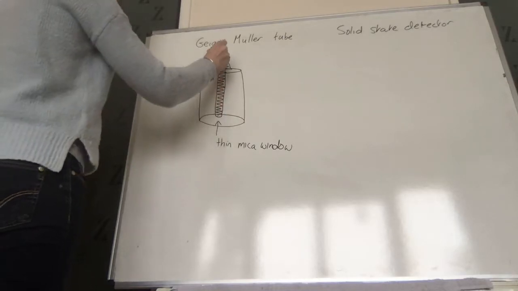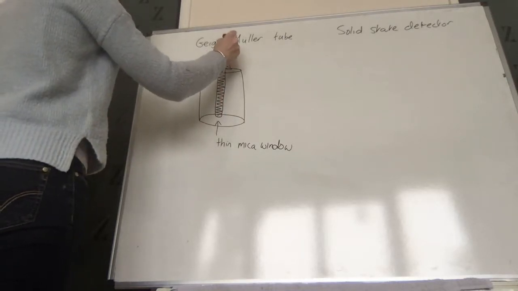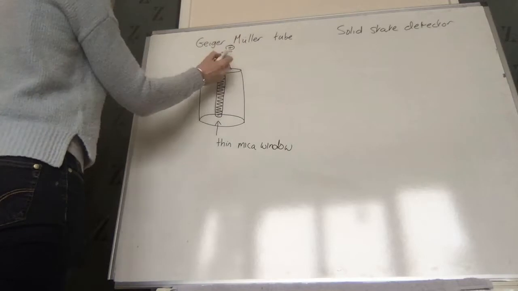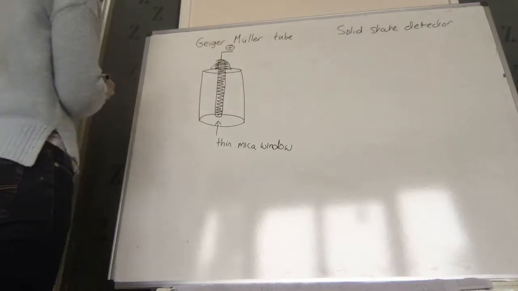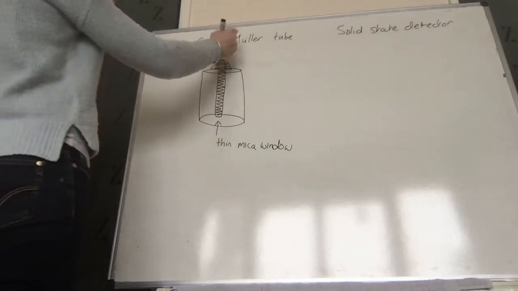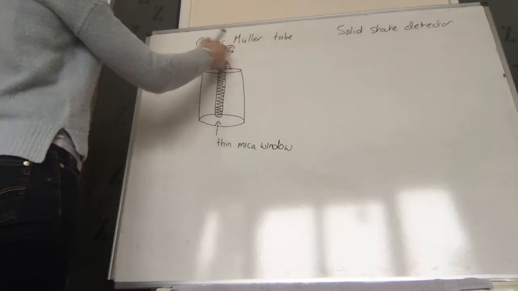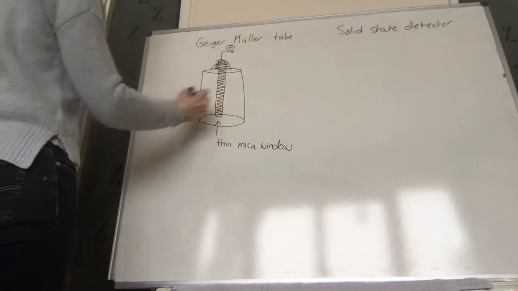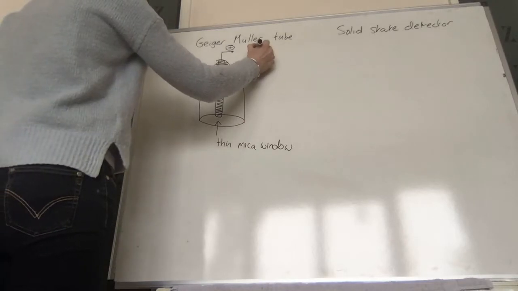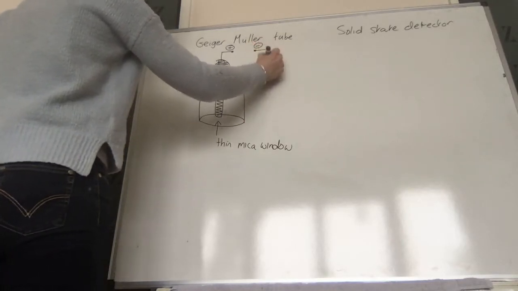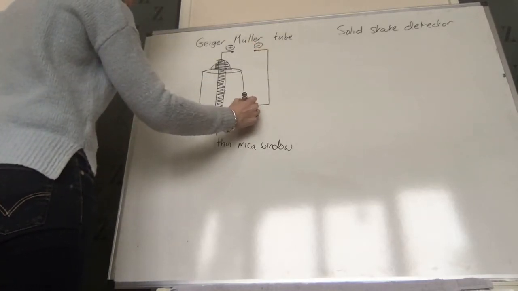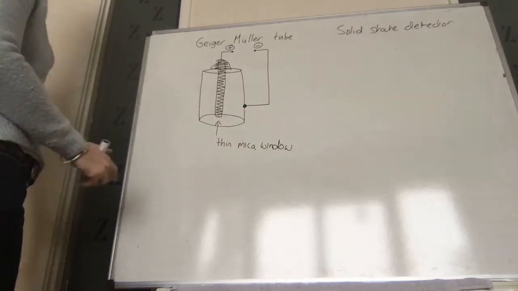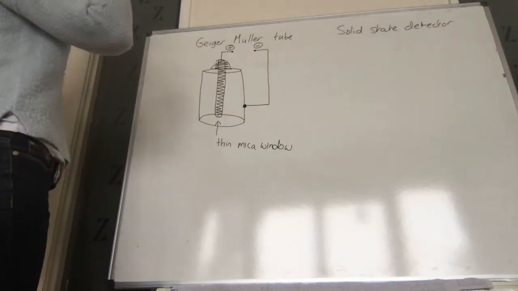This is our anode, so this is connected to a large positive power supply connection. This is connected to the positive of the power supply, and the negative of the power supply is connected to the outer casing, or zero, in other words.